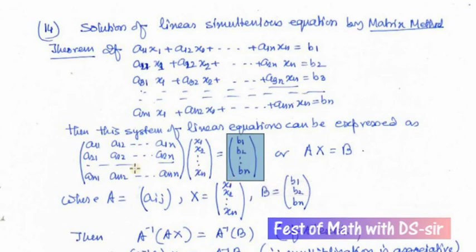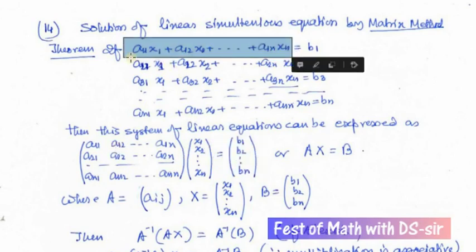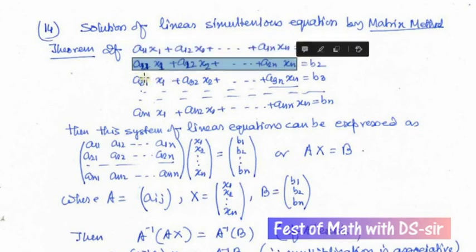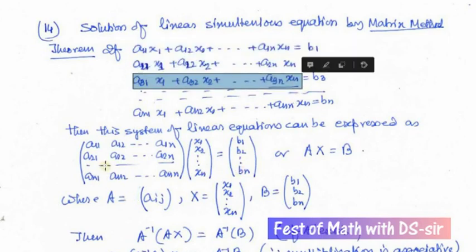Why? By matrix multiplication we know that the first element of these two is a11 x1 plus a12 x2, this is the first element, this is the second element, this is the third element, because see that it is an n by n matrix and it is an n by 1 matrix. So the product will be an n by 1 matrix, that is a column matrix.